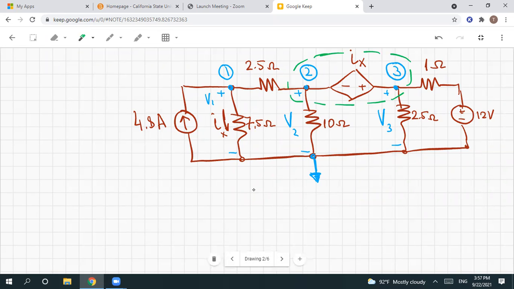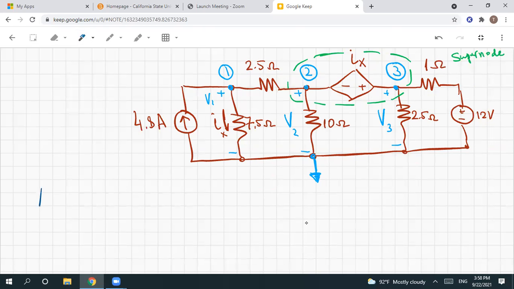So this is a supernode. So what I need now is to write KCL for the first node and to write KCL for the supernode. So I will write here in green that this is a supernode. Okay. Now let's go and start solving the problem.